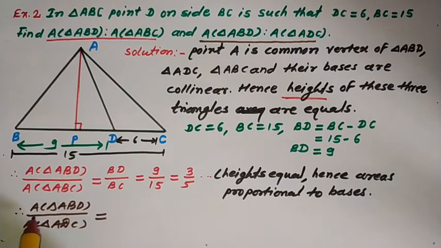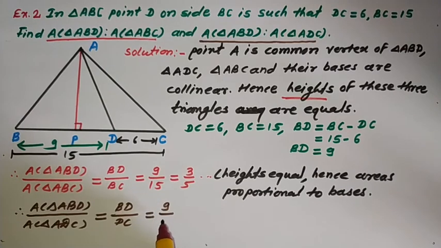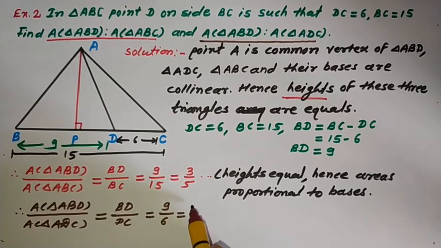The base of triangle ABD is BD, and the base of triangle ADC is DC. Put the values: BD is 9 and DC is 6. 3 3s are 9, 3 2s are 6. Therefore, the ratio of the two triangles is 3/2.